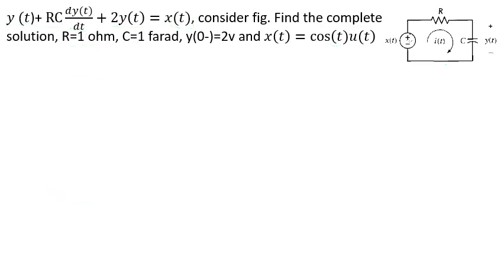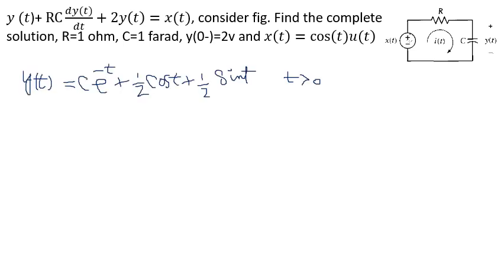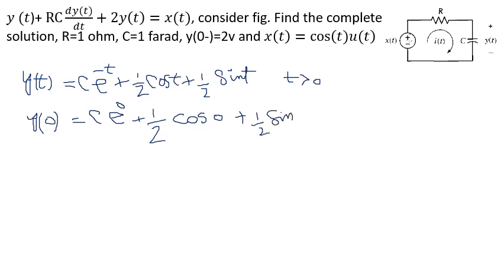So let's put in the initial condition, that is y of 0, by replacing t with 0. That means C e to the power 0 plus 1 by 2 cos of 0 plus 1 by 2 sine of 0.